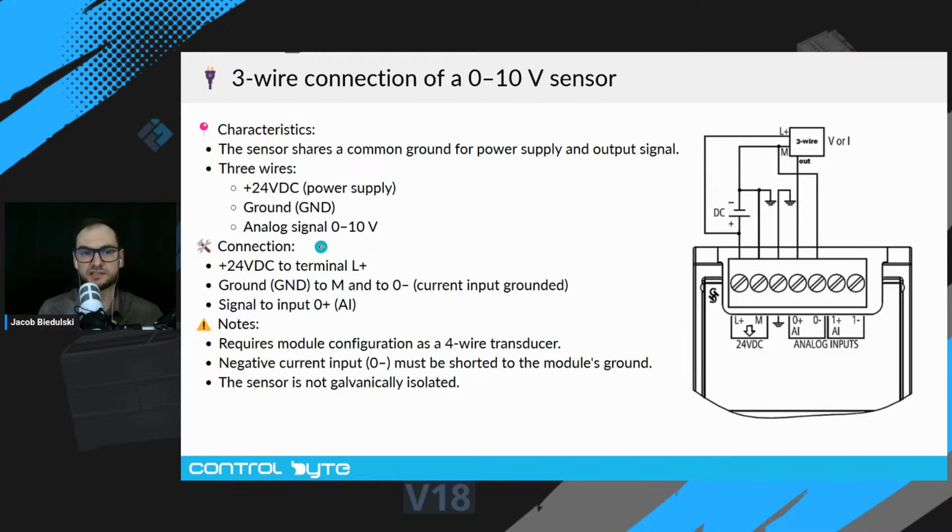The connection is as follows: 24 volts DC to terminal L plus of the module, ground to M, signal to 0 plus or 1 plus. It refers to the analog channel, okay? And of course 0 minus to M as well, to the ground.